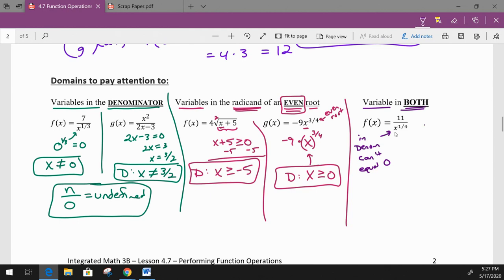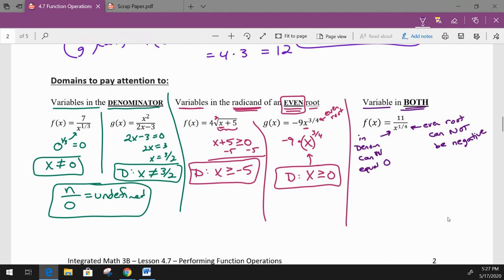And since there's an even root, it cannot be negative. Usually with an even root, it can equal 0, it just cannot be negative. But since it's in the denominator, it cannot equal 0. So there are two different things that we have to think about.